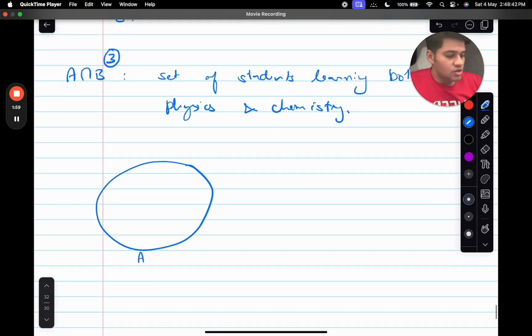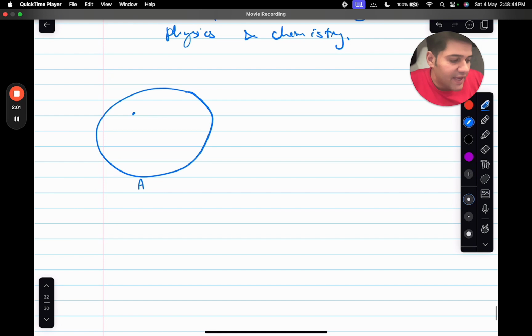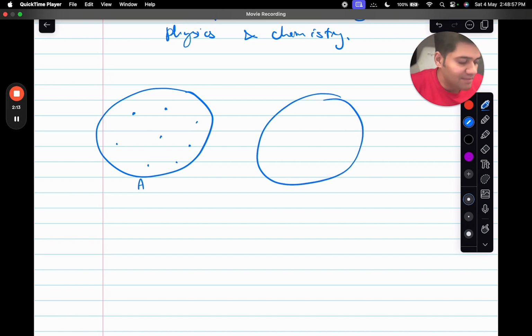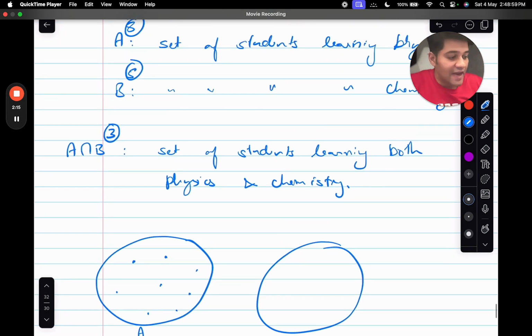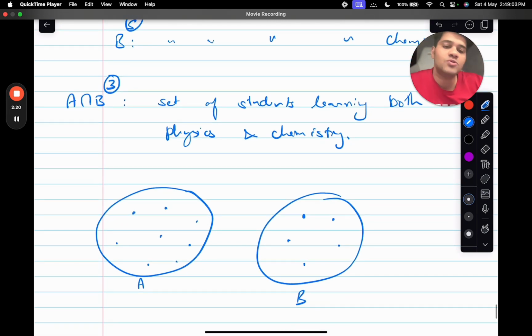So I am representing 8 points here: 1, 2, 3, 4, 5, 6, 7, 8. This set represents that 8 people learn physics. Now there is another set, B, which has size 5: 1, 2, 3, 4, 5. So this represents that 5 students learn chemistry. Now we are given that there are 3 people who learn both physics and chemistry.